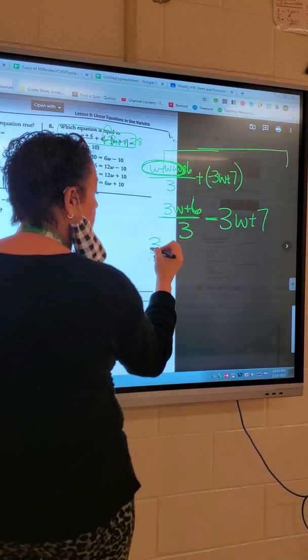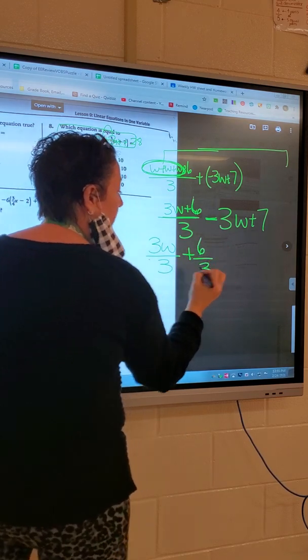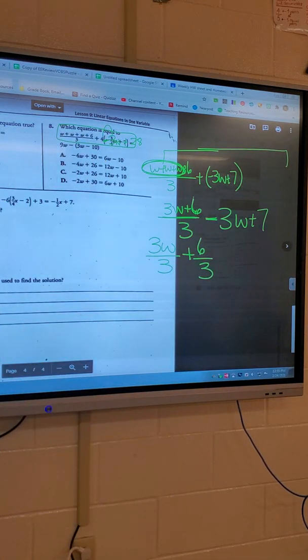And I'm going to do this: 3w divided by 3 plus 6 over 3. All I did was break it up, and there's a reason for that. You don't have to do that. But all I did was go from here back to here with it. I just busted it up. Does everybody see what I did?